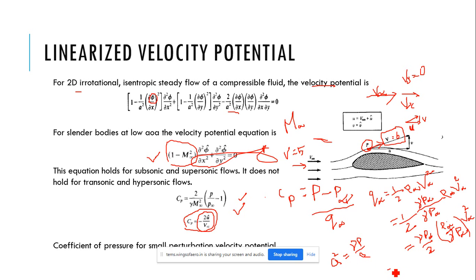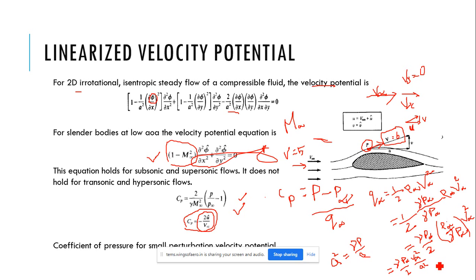By substituting here, we get gamma P infinity divided by 2 into V infinity square divided by A square. This we can write as A infinity square also, or A square, whatever.